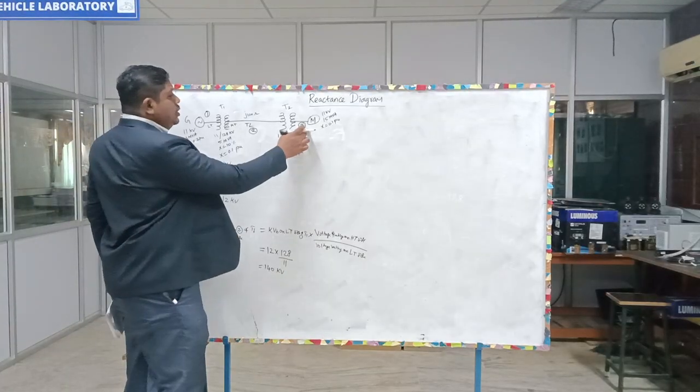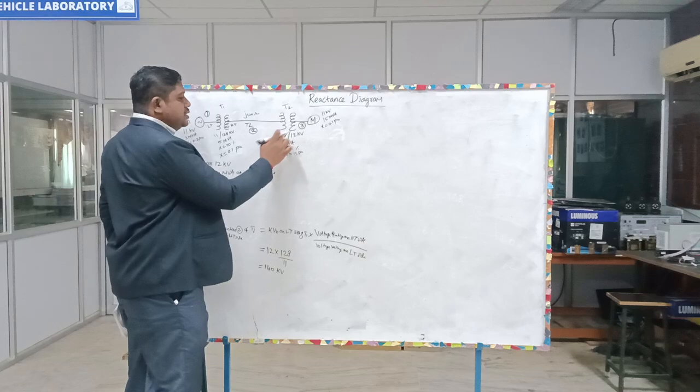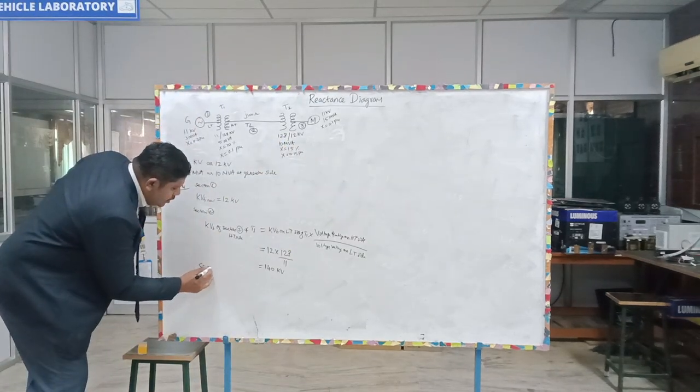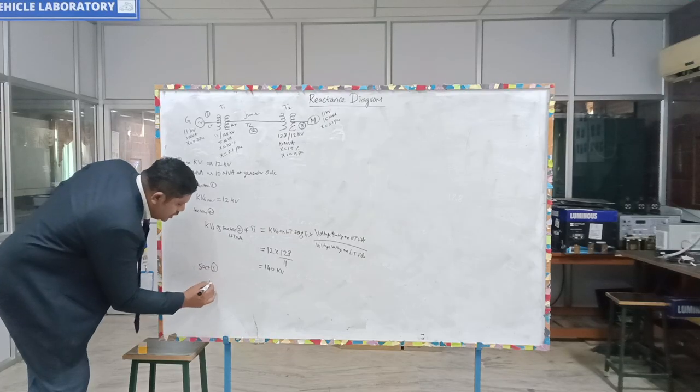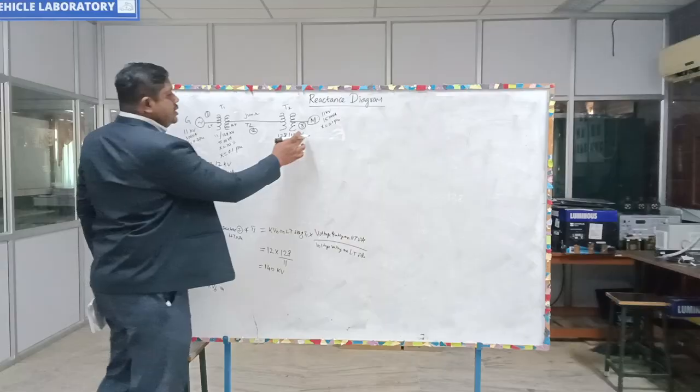Now the voltage changes again from here to here. This transformer T2 is a step-down transformer. So now you have to calculate section 3, the kV base on this LT side.